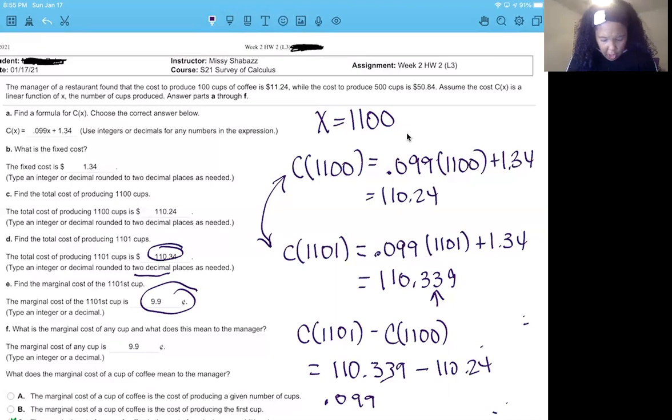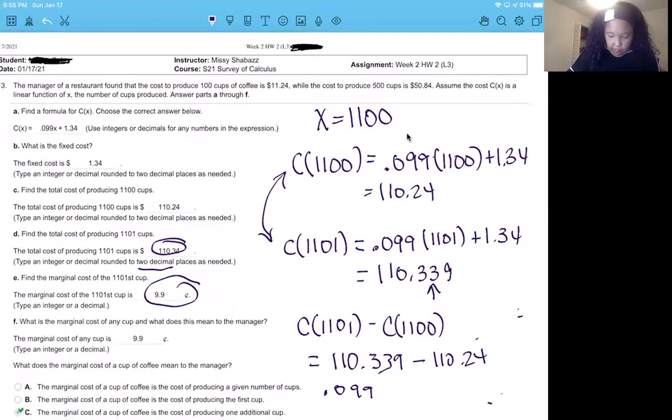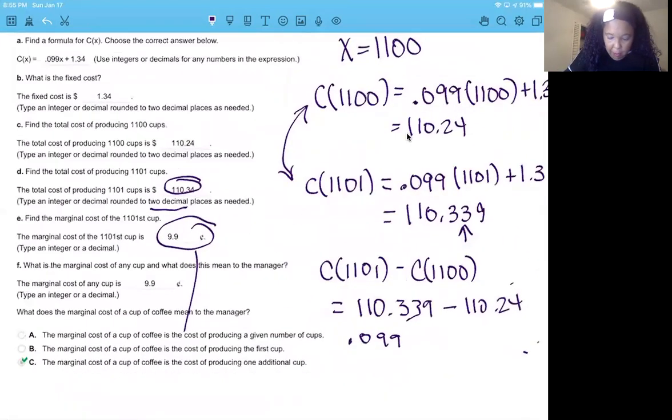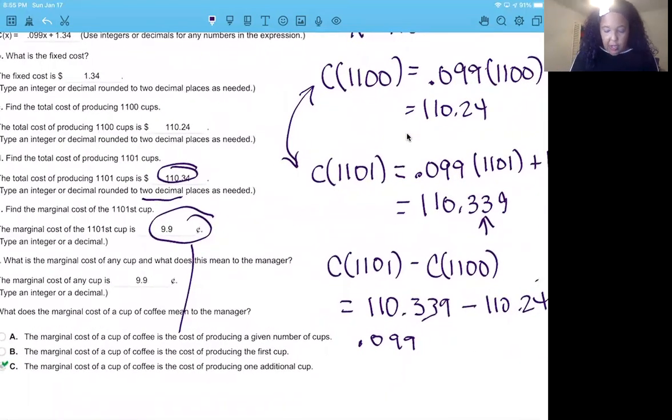What is the marginal cost of any cup? Well, the marginal cost, again, it's linear, so it doesn't matter if it was the 1,101st cup or the 1,000,000th cup or the 5th cup. It's always going to be the exact same because this is a linear function. And then the last question is, what does the marginal cost of a cup of coffee mean to the manager?